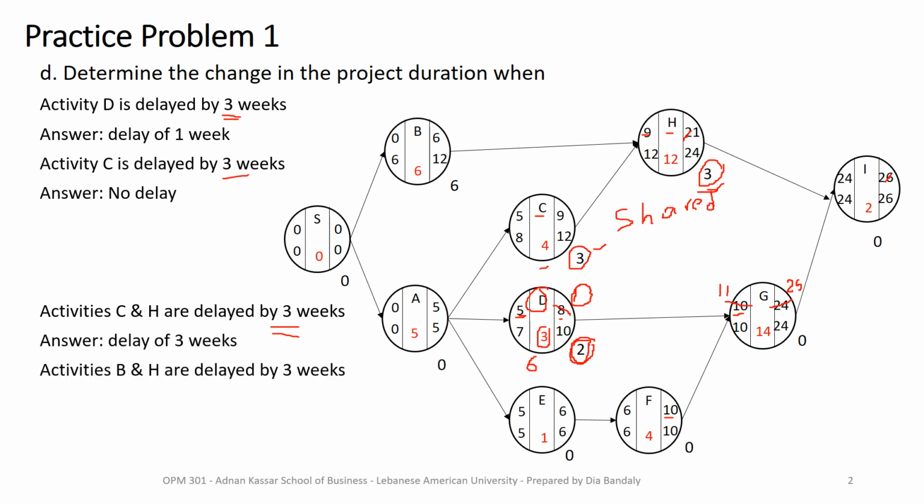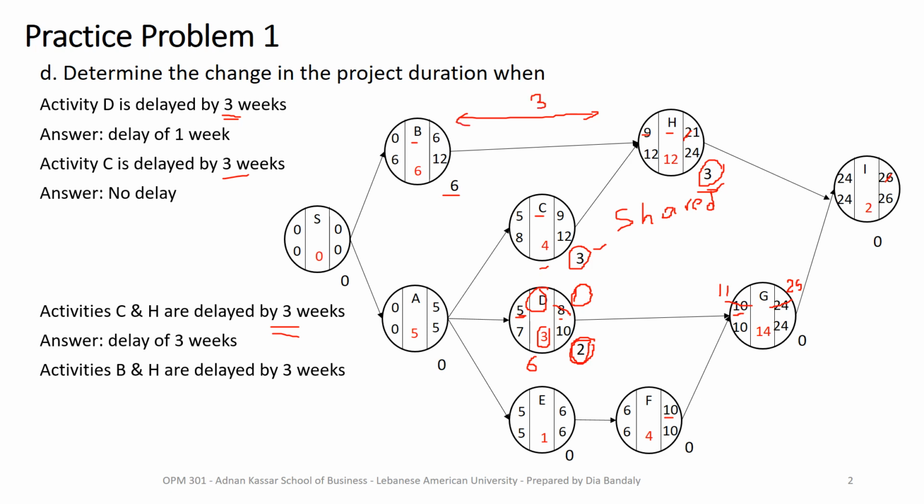Finally, what happens if both activities B and H are delayed by 3 weeks? So we look at activity B, we see that it has a slack time of 6, and activity H has a slack time of 3, which means activities B and H share a slack of 3.